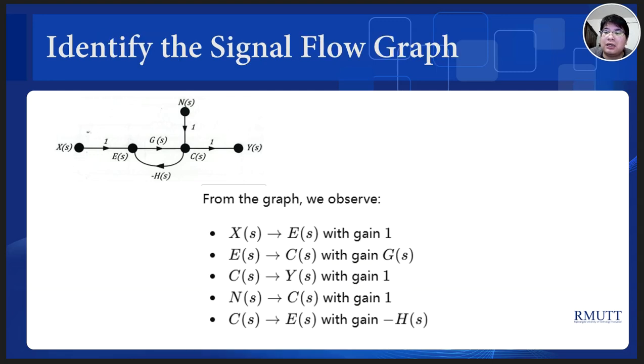On this slide, I identify the main branches in the signal flow graph. First, X(s) goes to E(s) with gain 1. Then E(s) goes to C(s) through G(s). Third, C(s) goes to Y(s) with gain 1.